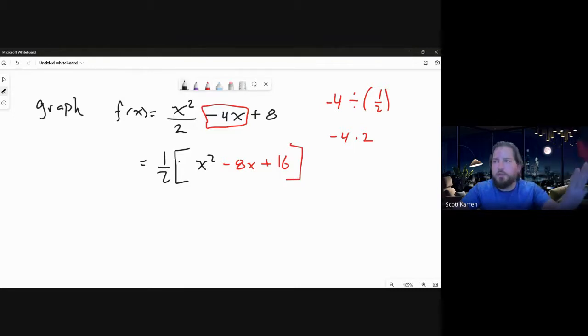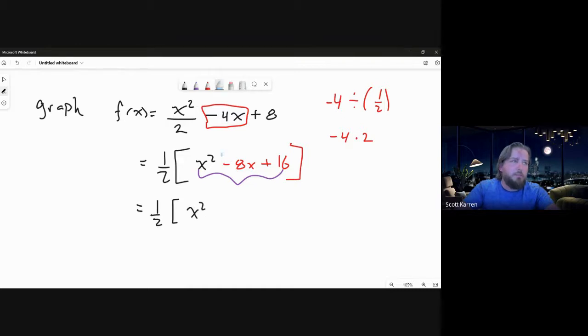So be careful with these. Be careful when you're factoring out fractions, right? That when you factor out, it's a division, and dividing by fractions can be a little tricky that way. But it's this inside portion right here that I want to complete the square, right? So I'm still going to have this 1/2. I'm still going to have x squared.